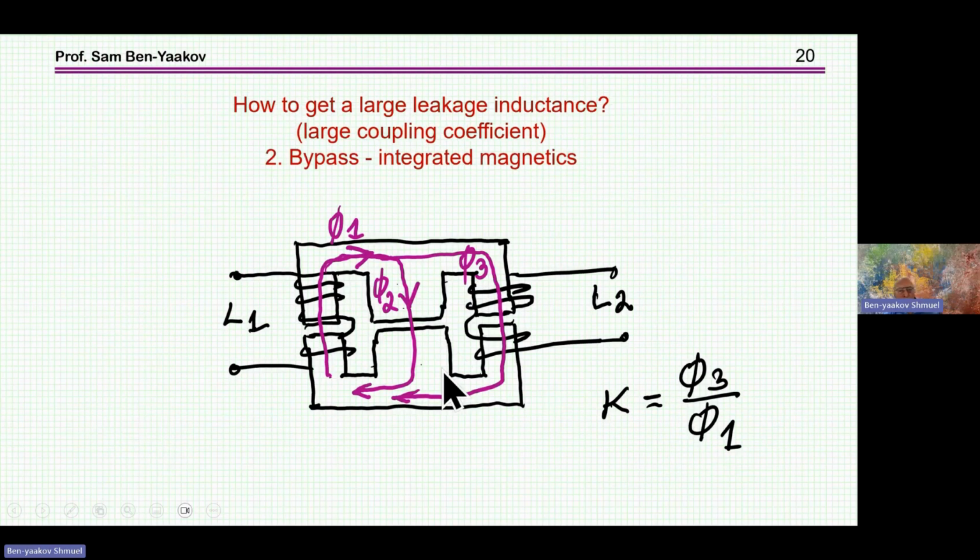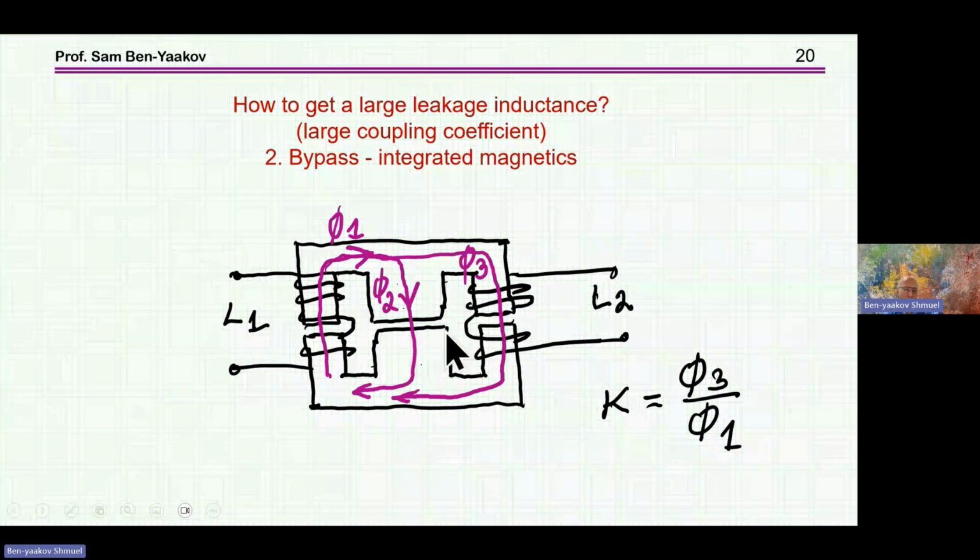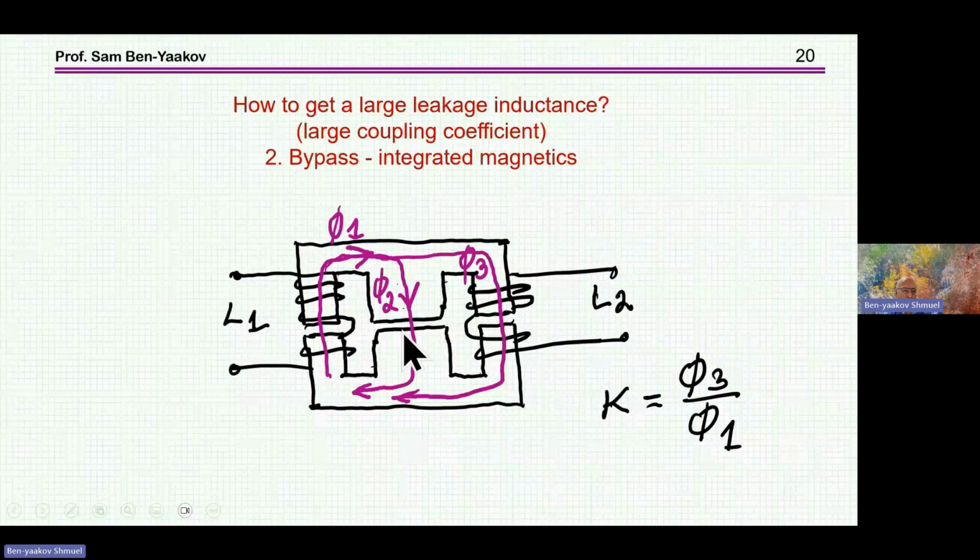And the way to do it is to have a bypass, okay? So we have a structure like this. It can take various configurations or alternative ways of doing it. You can have the same gap, you can have different gaps, one small, you can have no gap. Anyhow, the idea is the following. You have one winding, another winding, and then you have a bypass with a small reluctance. I'll talk about it in a second.